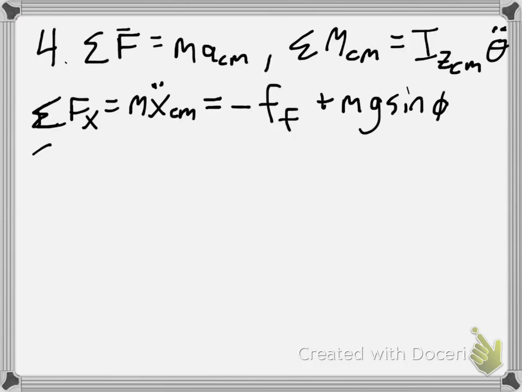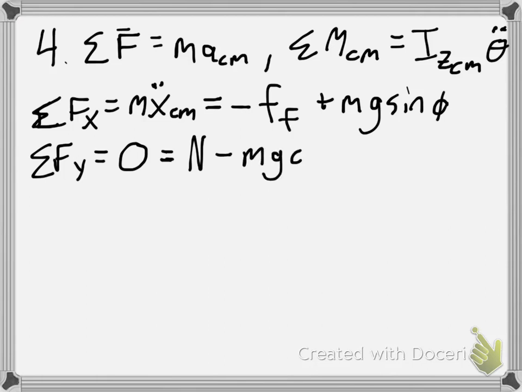So in the y direction, do I have any motion of the center of mass in the y direction? No, so it has zero acceleration in the y direction. What are my forces in the y direction? Positive normal and minus, all right, mg cosine of phi.